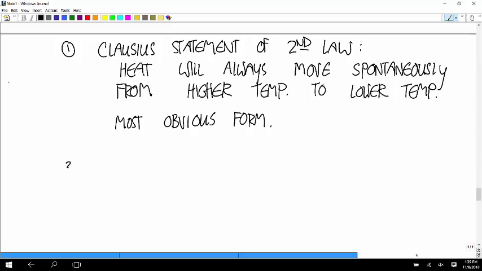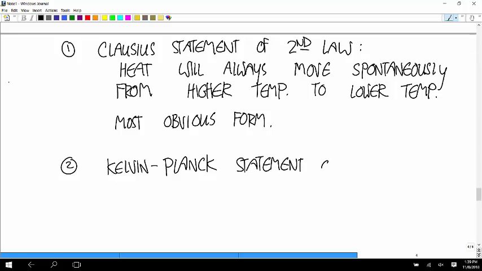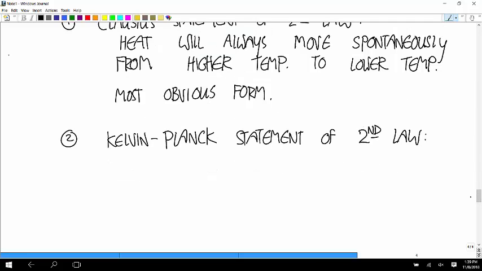The second form is called the Kelvin-Planck statement of the second law. And instead of writing it in sentence form, I'm going to break it up into three things, sort of three separate keys to how this works.